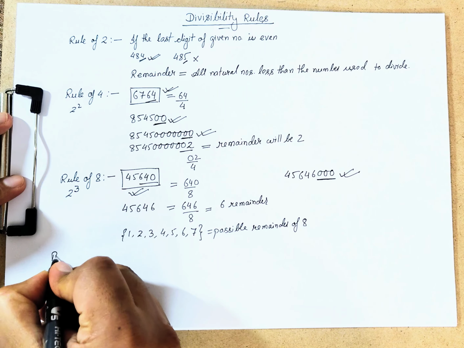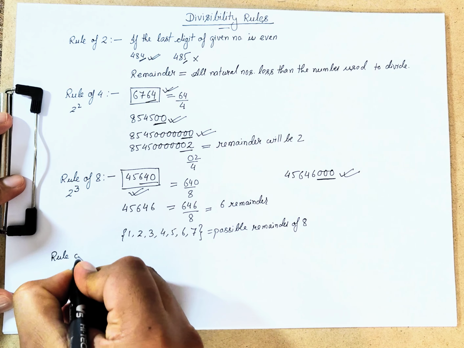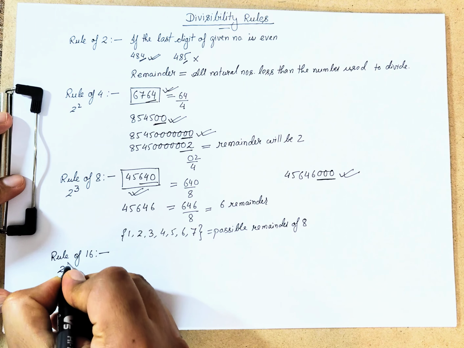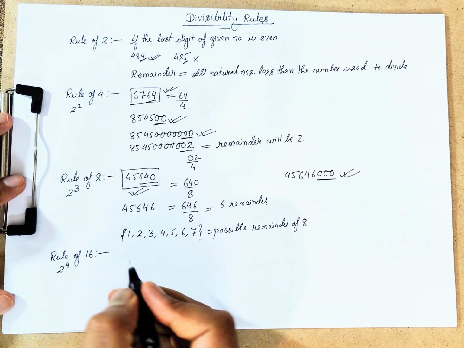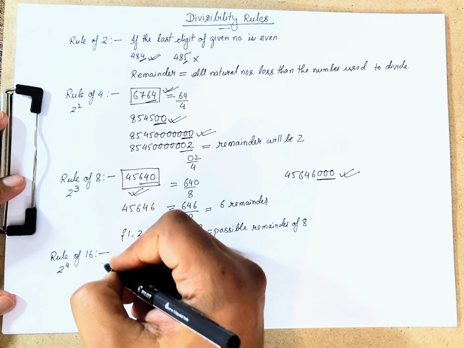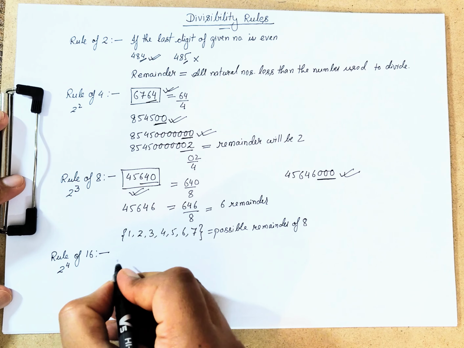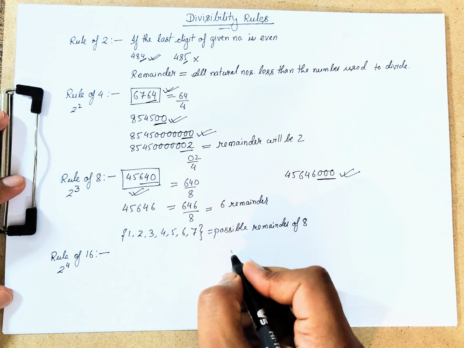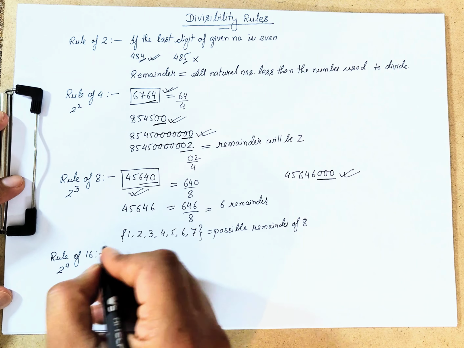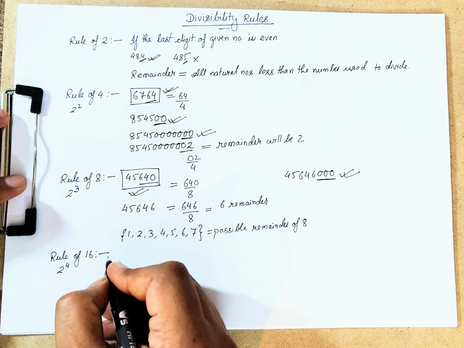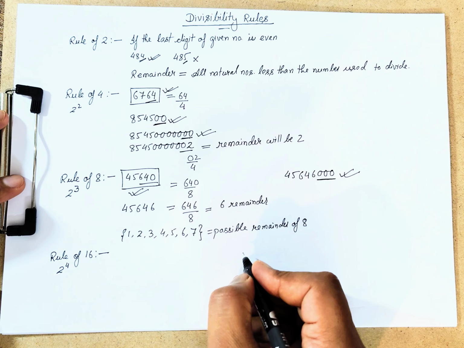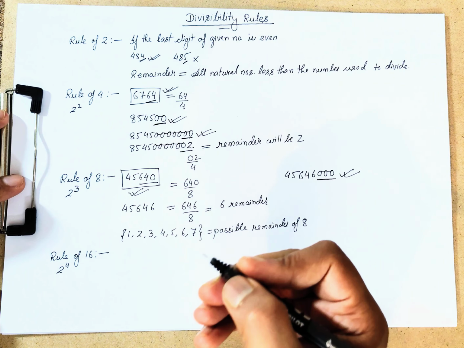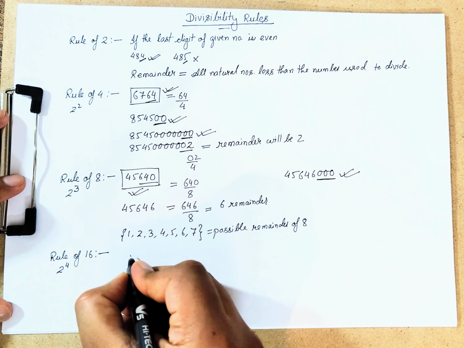Now let's see rule of 16. 16 is 2 to the power 4. So we see a pattern here. If the last 4 digits are divisible by 16, then the complete number is divisible by 16. Similarly, if the last 4 digits are 0, then the complete number is divisible by 16, right?